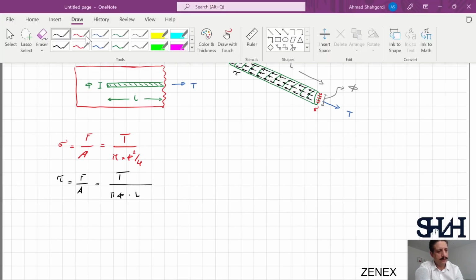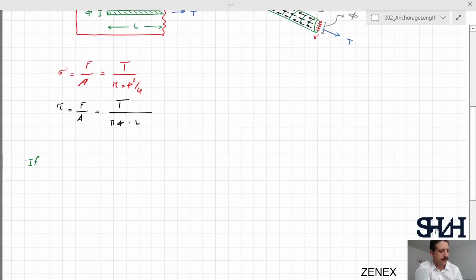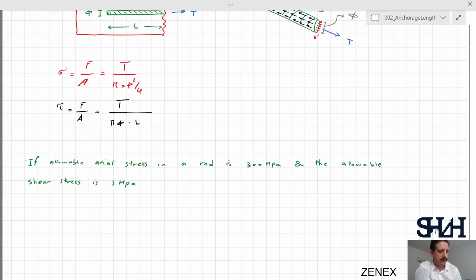Let's go with a very simple example to calculate these two. If allowable axial stress in a rod is 300 megapascal and the allowable shear stress is 3 megapascal.